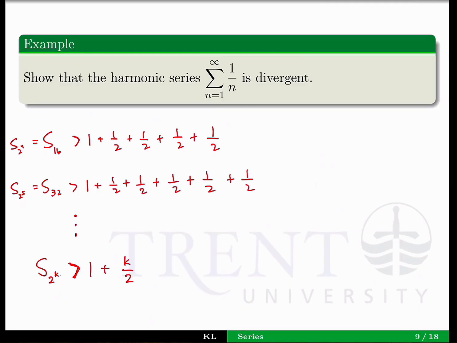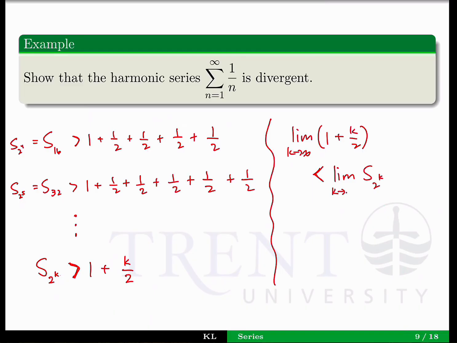So, what does this mean? The limit of 1 plus k over 2, k approaching plus infinity, this will be equal to the limit. This will be equal to, actually, that will be less than the limit of S sub 2 to the k approaching infinity.